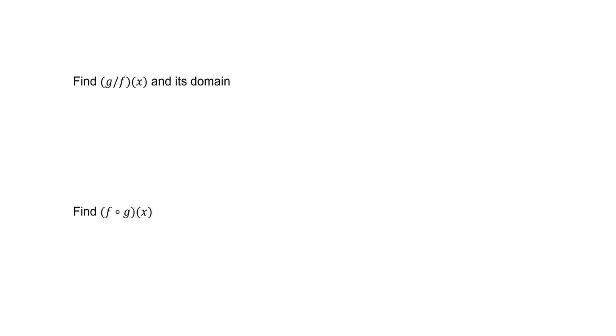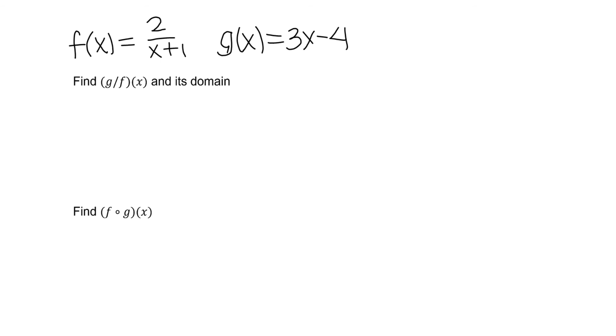So now we want to find g divided by f of x and its domain. We're still dealing with the same two functions. So f of x is still 2 over x plus 1, and g of x is 3x minus 4.